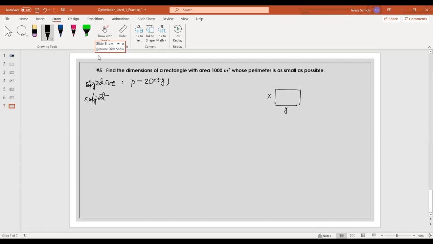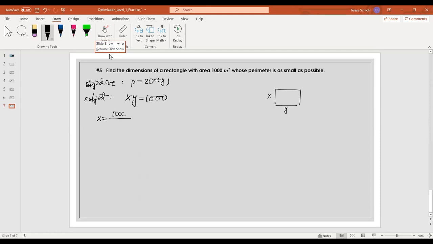Let's take a look at the condition here. The area is 1,000, that means X times Y is equal to 1,000. So the objective function and the condition are pretty easy. Just like we did before, change one variable to be a function of the other one.